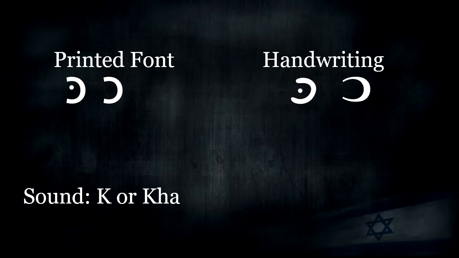Kaf. It makes the sound of Ka or Cha. Some people will use a dot to indicate when it's pronounced as a Ka, but most speakers will not do that. Also, at the end of the word, it's written like this.